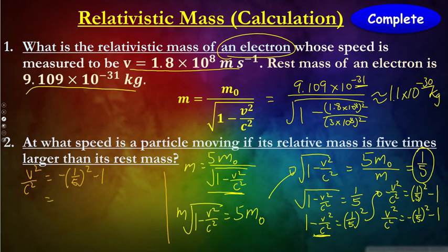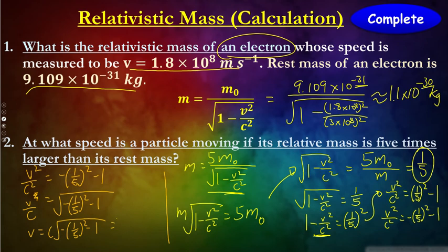All right, so I can actually square everything. And then I move C over, so V equals to C, like so. Okay, so that's my final calculations.